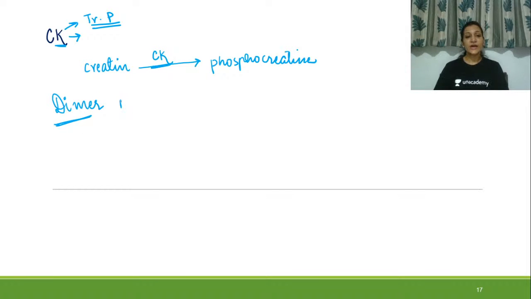The chains are of two types, M and B, and CK itself is of three types, CK1, 2 and 3. CK1 is made up of two B chains, CK2 is made up of one M and one B chain, and CK3 is made up of two M chains, right? So this is the difference on the basis of polypeptide chains.